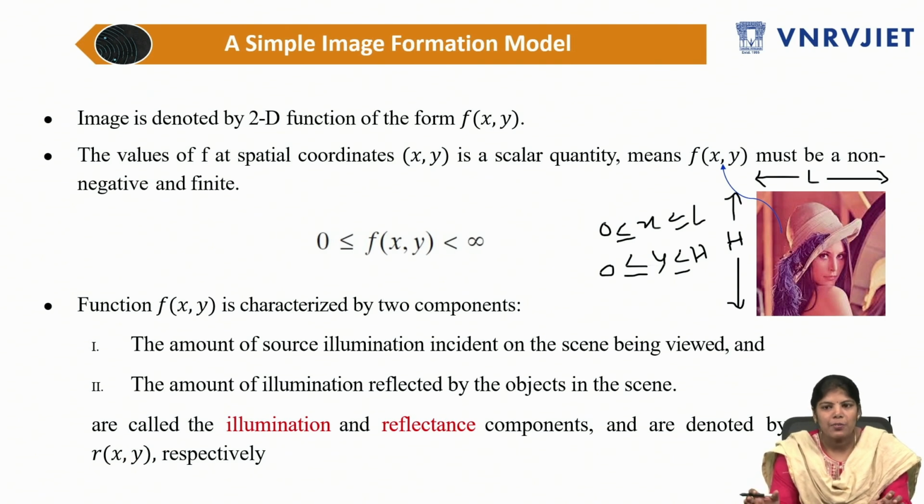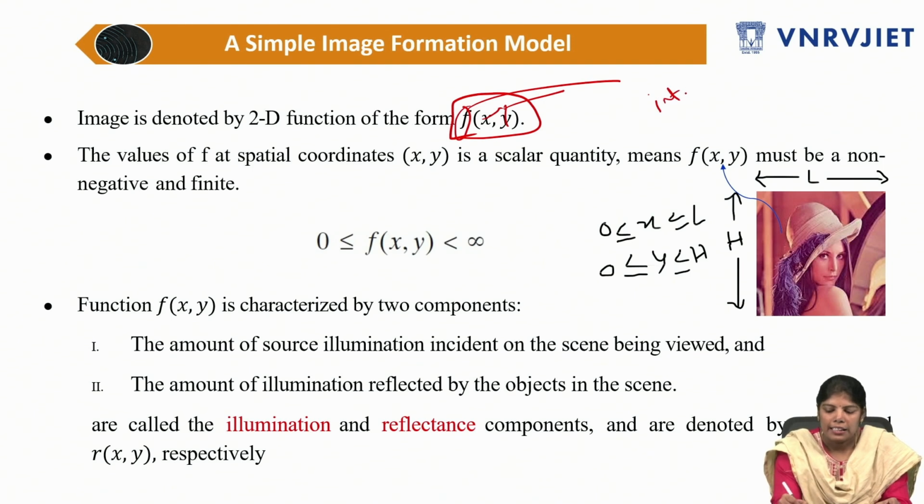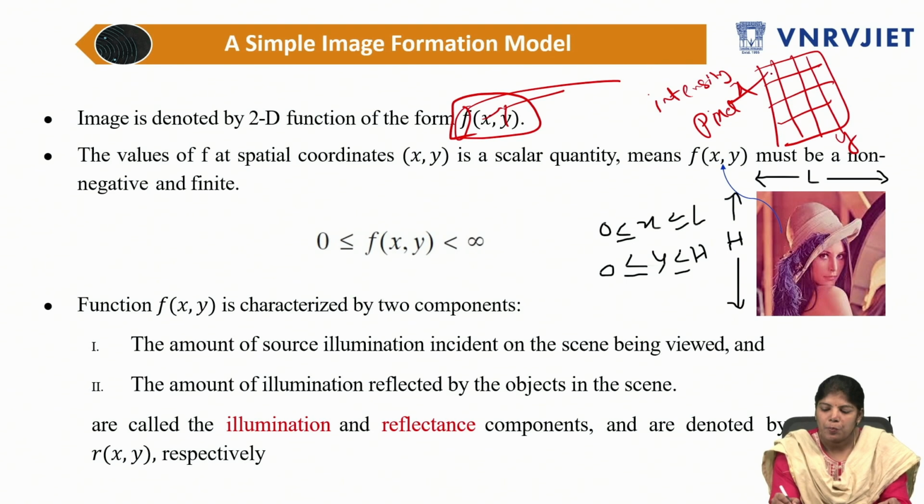Previously we discussed how an image is captured with the help of the illumination source. In terms of mathematics, how do we represent the image? The image is represented as f(x, y). Here x, y are the spatial coordinates of the image, and f is the intensity level, the intensity of the corresponding pixel value. Each of these we can call a pixel, and a pixel has x and y coordinates.